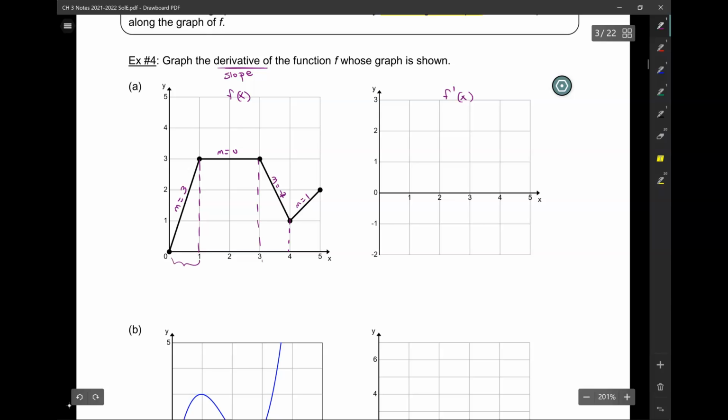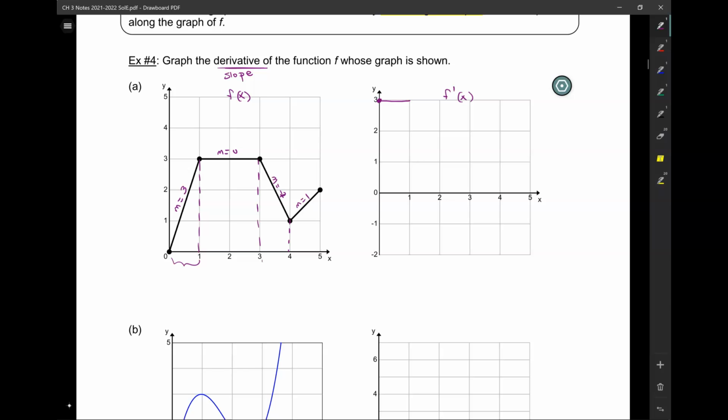In the interval from 0 to 1, the slope of this is 3, a constant 3. So in our interval from 0 to 1, the slope of that function is a constant 3. Just leave that like that for a minute. I'm going to come back to that in 1 second.